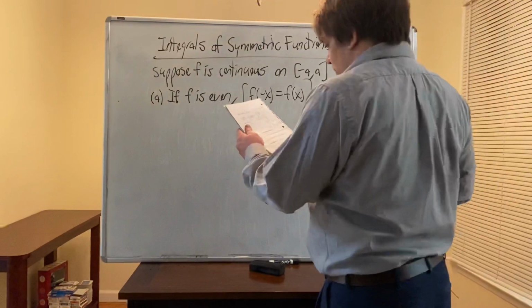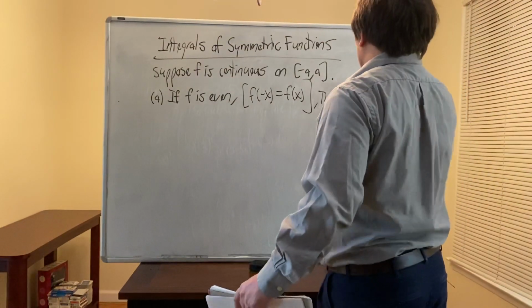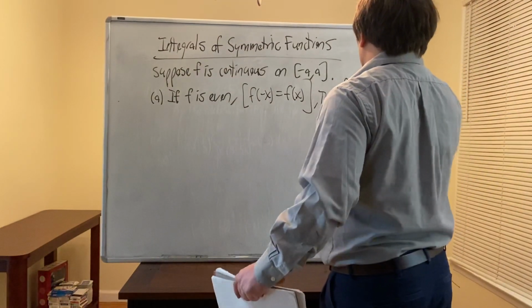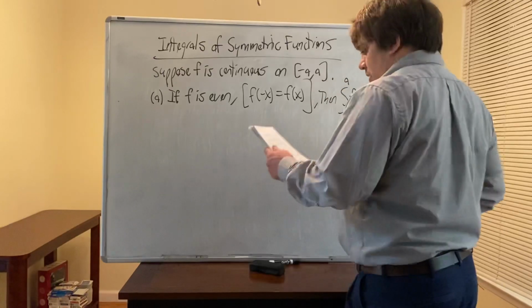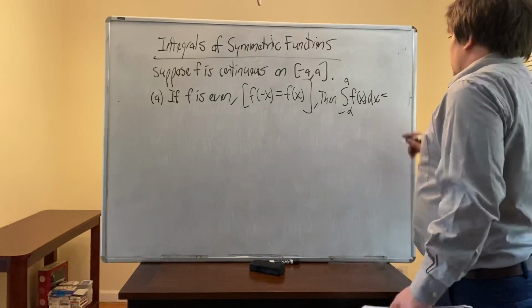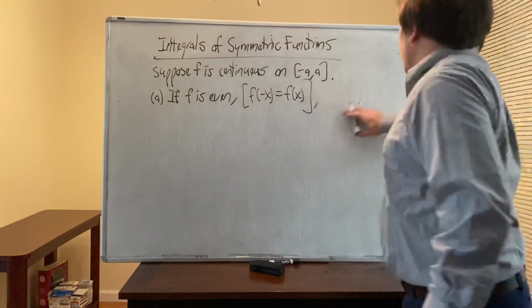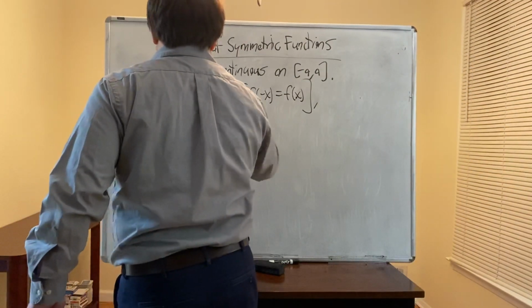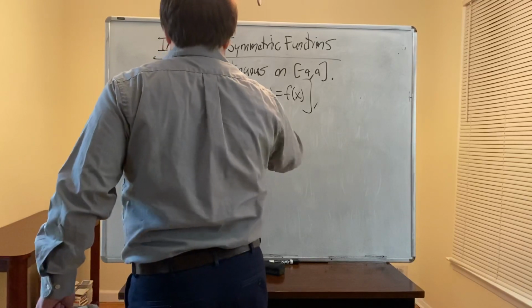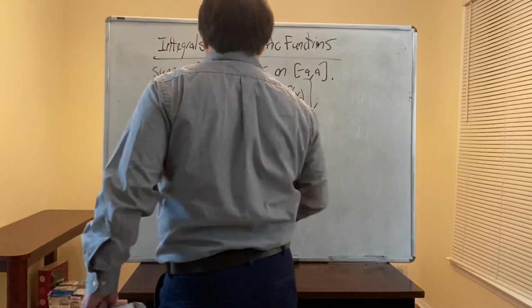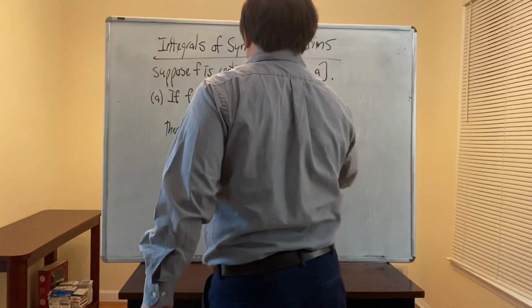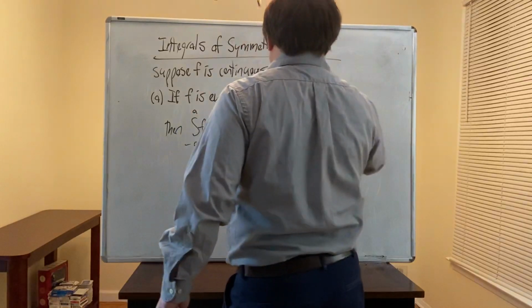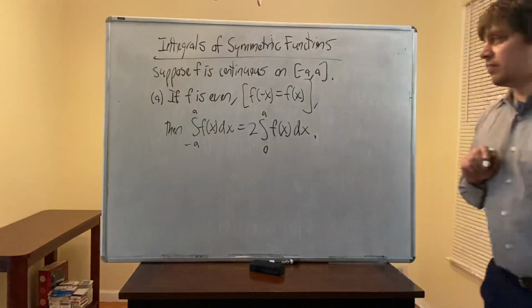So if f is even, then the integral from negative a to a of f of x dx is equal to, I'm going to have to move this down so you have more room to write this, then the integral from negative a to a of f of x dx is equal to 2 times the integral from 0 to a of f of x dx.